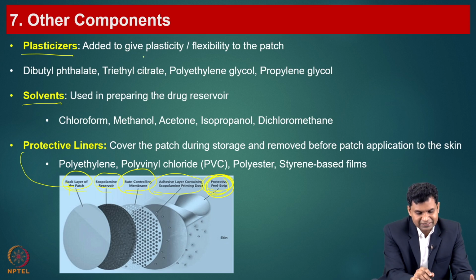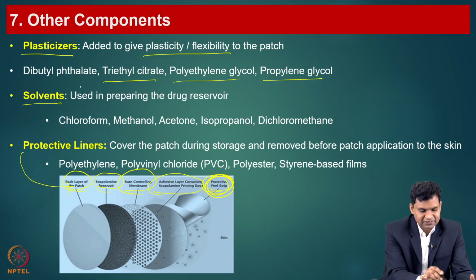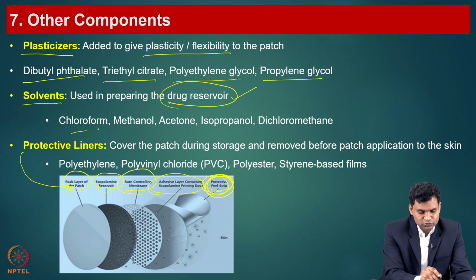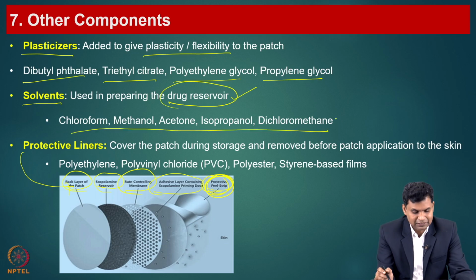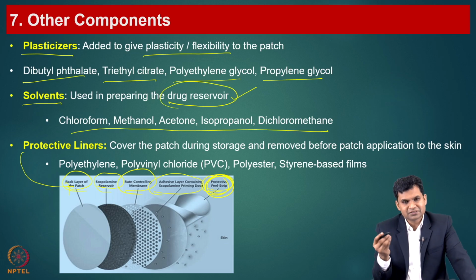To maintain plasticity and flexibility, we need to add propylene glycol, polyethylene glycol, triethyl citrate and dibutyl phthalate. We also use solvents to prepare the reservoirs. If your drug is insoluble, we can use various types of solvents, and also DMSO. That will help with solubility and also the conversion of the polymer and drug into reservoir systems.